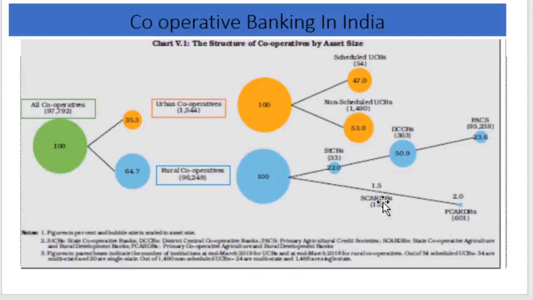Rural cooperatives are also divided into the State Cooperative Agriculture and Rural Development Bank, SCARDB, and the Primary Cooperative Agriculture and Rural Development Banks, PCARDBs. This is the structure of cooperative banks in India.